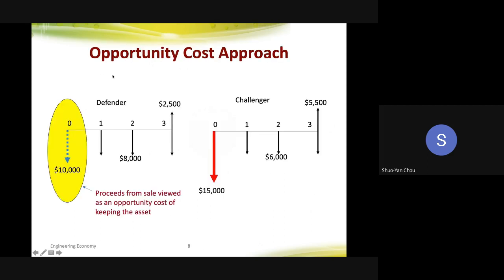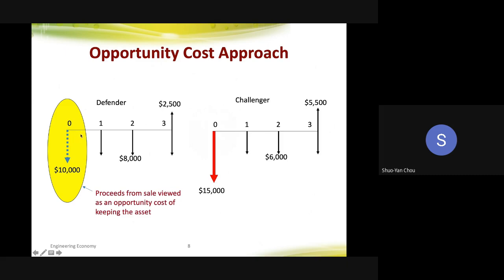If we look at it from the opportunity cost perspective, that $10,000 salvage value, where does it go? For the cash flow, it happens on the Challenger side. We have an additional 10,000. Now we said, let's not consider that.